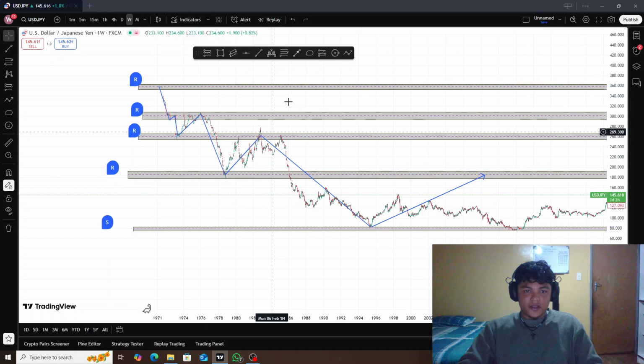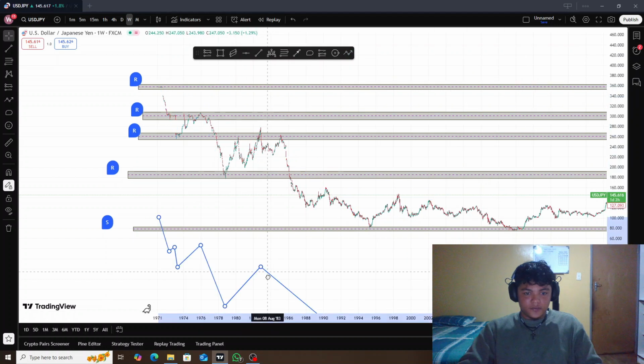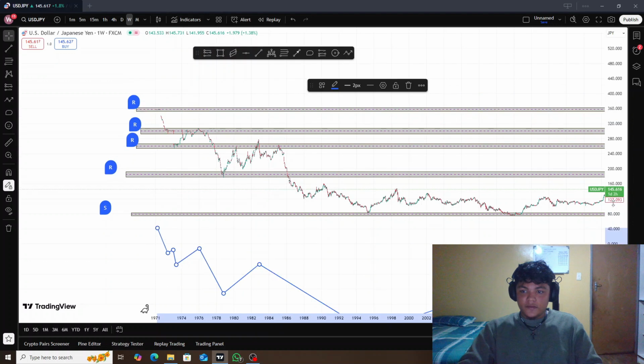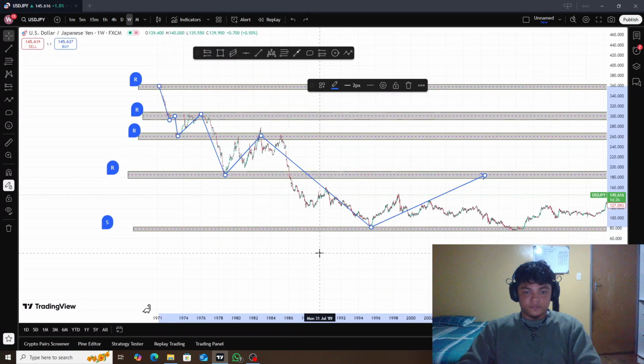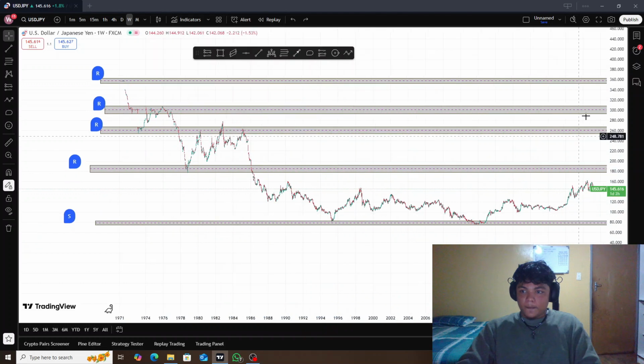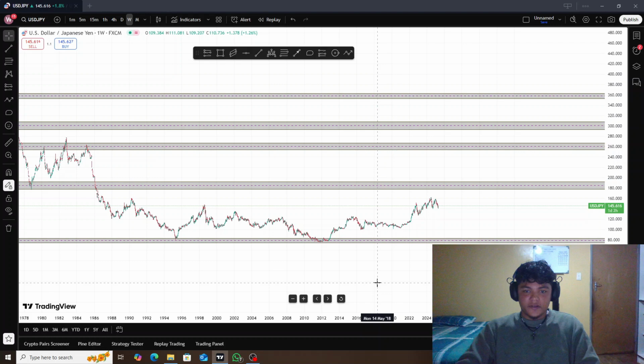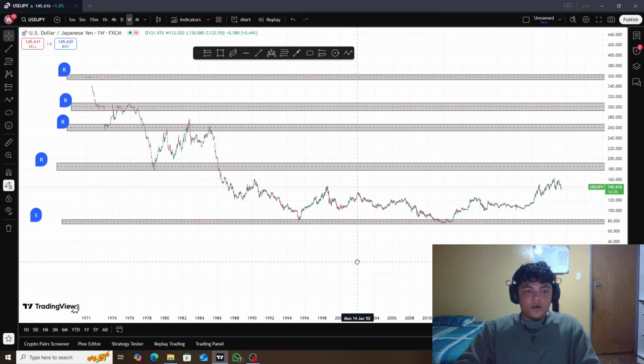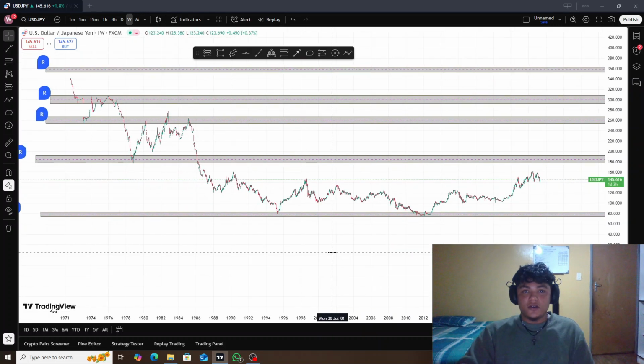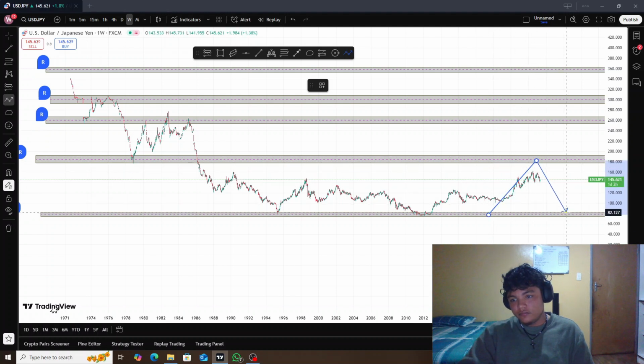Let's check. Okay, so if I can just move this to give you a line chart. So now we go. Okay, so as you can see, what's the expectation now? The market needs to go to retest this level, and then it needs to go down.